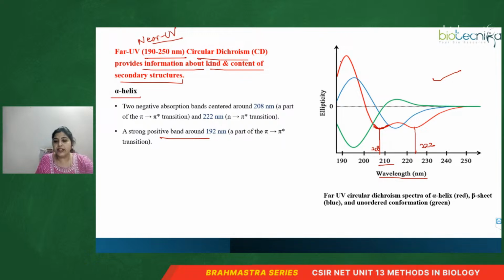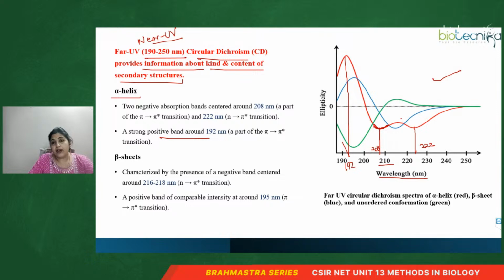Even a strong positive band around 192 nm indicates the presence of alpha helix, as shown over here. The red bands indicate the alpha helix, the blue bands that you see over here, positive and negative, are for beta sheet, and the green one is for random unordered conformation.